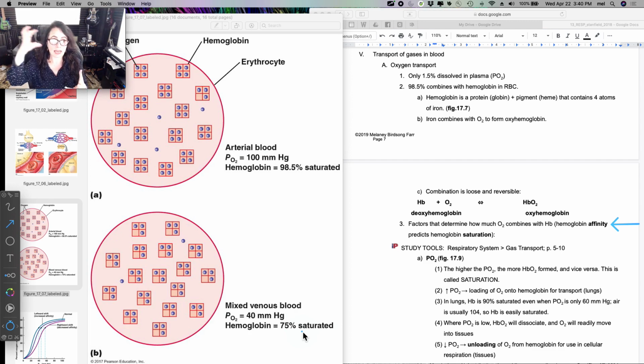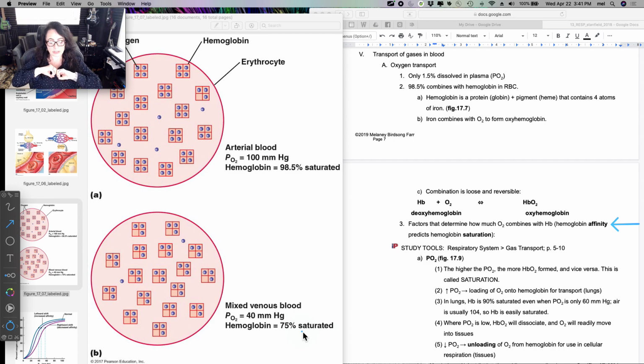Okay, so you need to carry it around. And then what should happen at systemic capillary beds is that everything that's true at systemic capillary beds should favor unloading of oxygen, because oxygen can't get into, for instance, the tissue cells unless it gets off the bus, right? So it can diffuse out. So one more time, everything that is true at pulmonary capillary beds should favor loading oxygen onto hemoglobin.